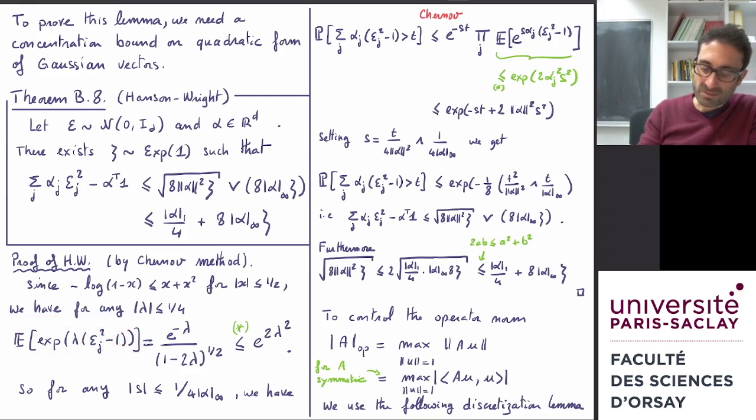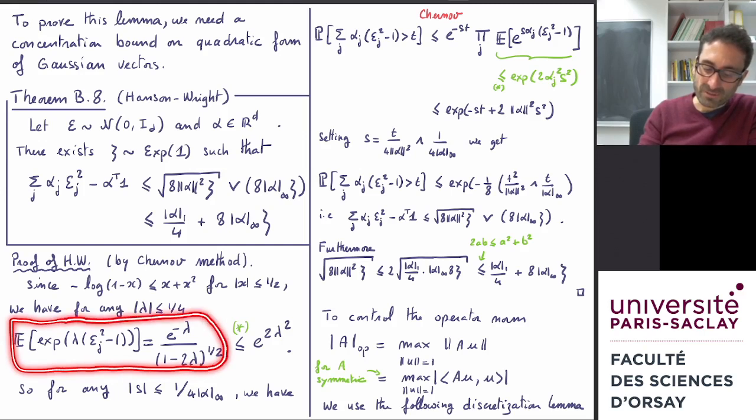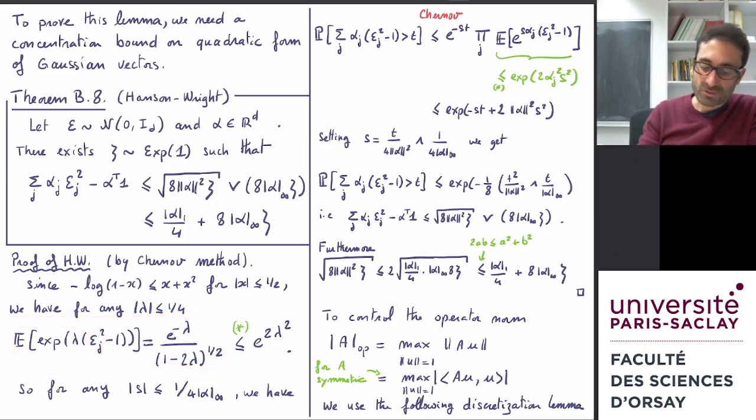This is a very simple computation that you can do, and you find that the expectation of the exponential of minus lambda times (a standard Gaussian variable squared minus 1) is given by exponential minus lambda over 1 minus 2 lambda, and you take the square root.